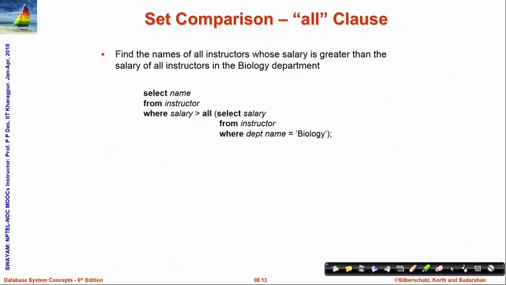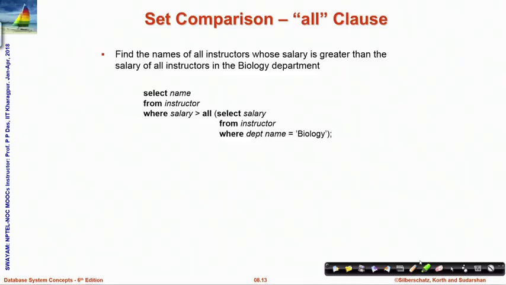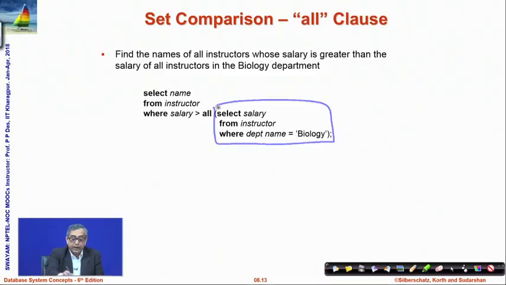Similarly, we have an all clause which says that if we want to find the names of all instructors whose salary is greater than the salary of all instructors in the biology department, in place of some we will write all, and every salary will be checked against the whole set of salaries in this subquery, and only if that is greater, then that particular record, that particular name will be included in the result, otherwise it will be excluded from the result.